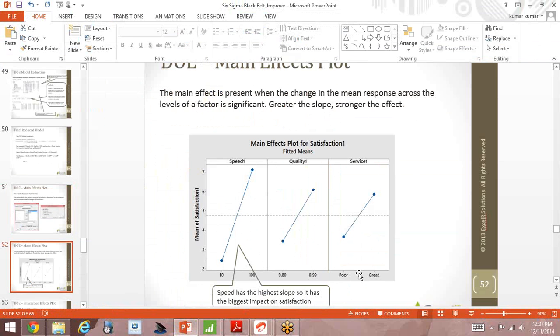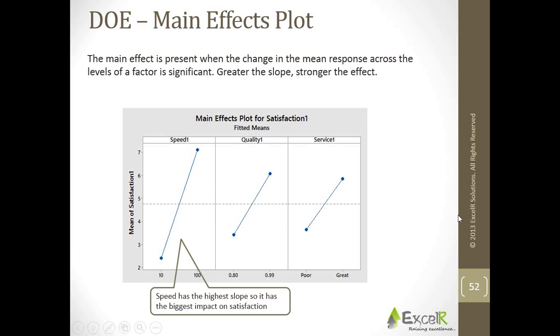Let us interpret this graph as well. The mean effect is present when the change in the mean response across the levels of factors is significant. So in short, here the slope is very, very steep, and the steeper the slope, the better the impact on the satisfaction.